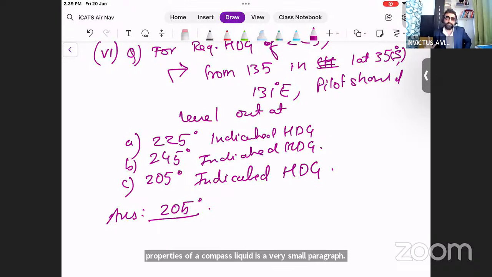The properties would be that it should have a low coefficient of expansion. Because of temperature changes, the liquid should not freeze or not expand unnecessarily. This is one of the reasons why in the chamber of the compass, there is a special kind of tube being used, which allows for the expansion of the liquid of the compass. It's called siphon tube. It's highlighted. Remember that.